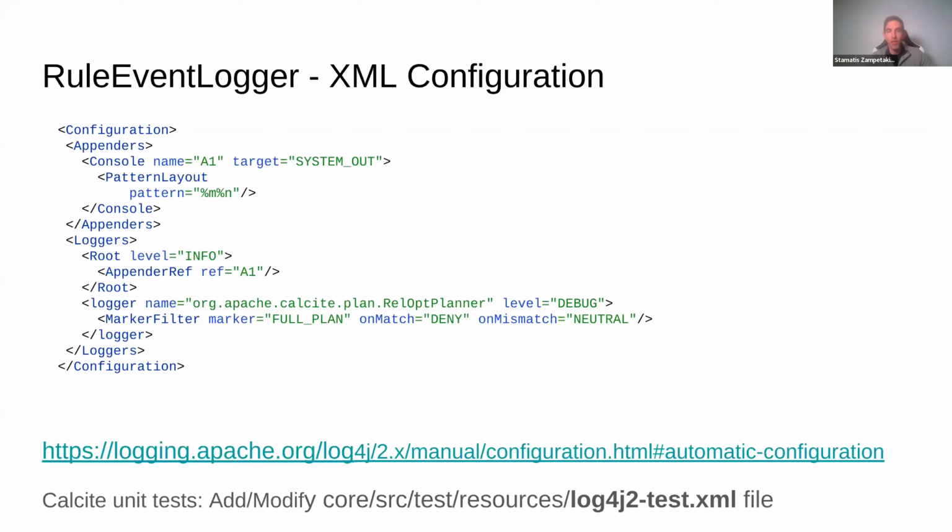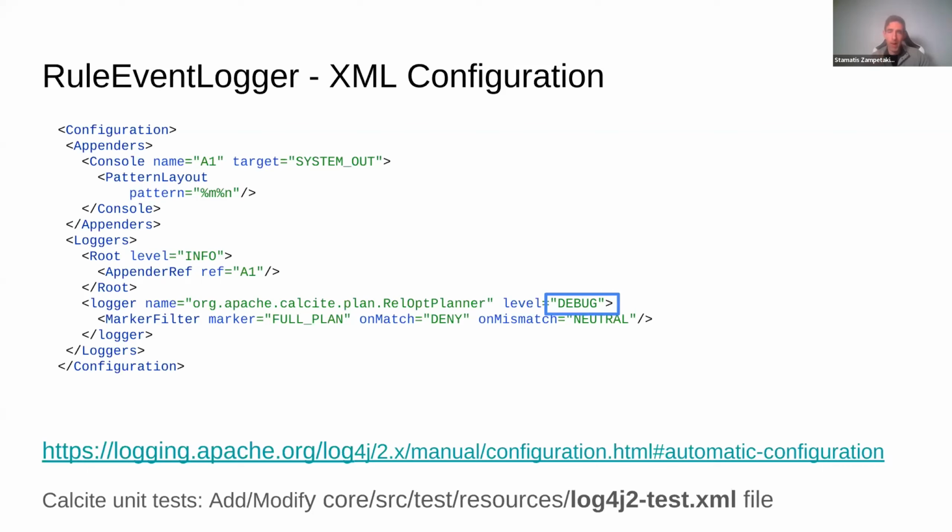And then you have the RelOptPlanner logger, which is also using the RuleEventLogger that we are talking about here. You can see that there are various levels of information. You can set it to info, but what is more interesting when you get a planner problem is to set it to debug.